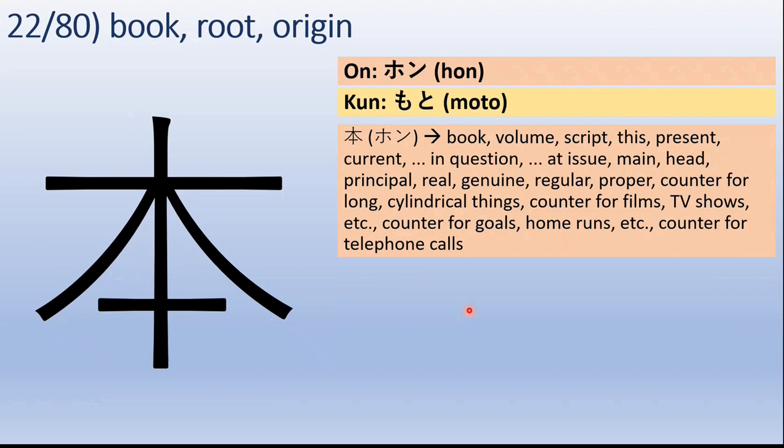So you can see the vastness of usage of this kanji character in the Japanese language. And this is possible by different combinations of this kanji with other kanjis or with other hiragana characters.